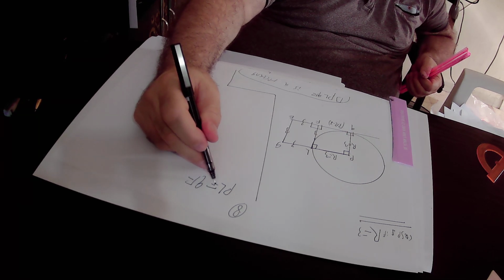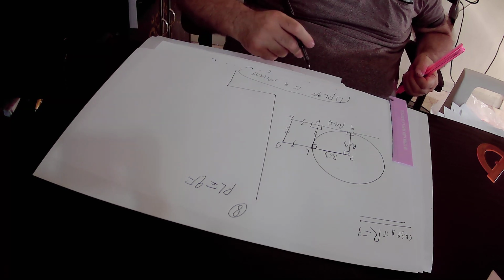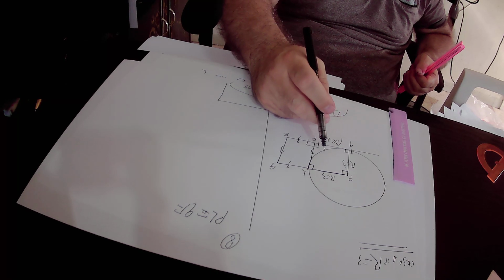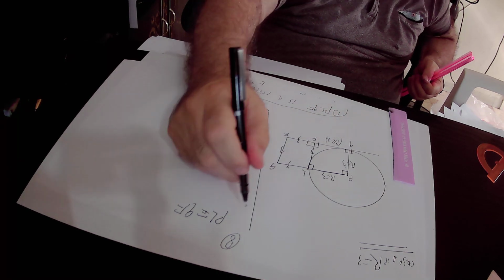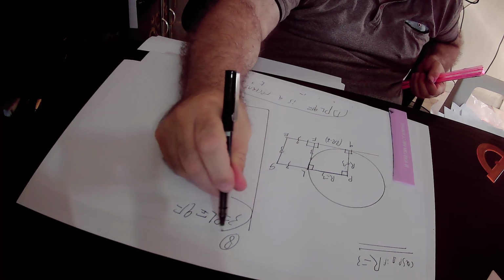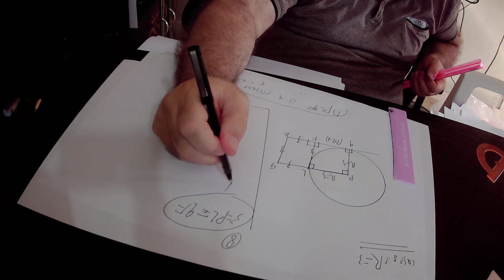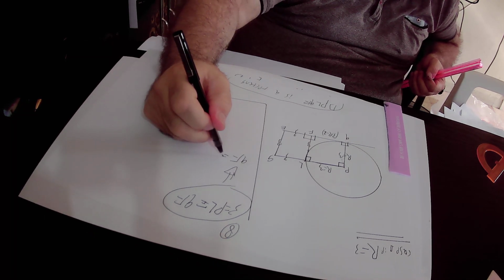Okay, PL equals QF. But we know that PL is the radius of the circle that is equal to 3 units according to our assumption. PL equals 3 units. So from this equation 3 equals PL equals QF, we will derive that QF is also equal to 3 units.